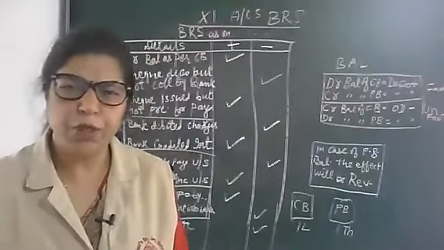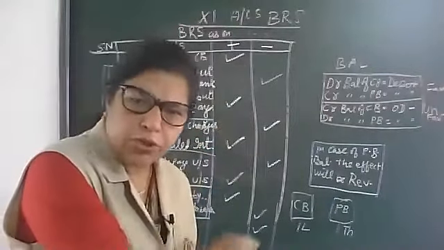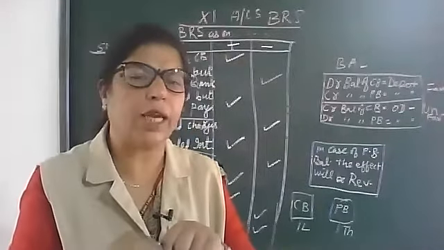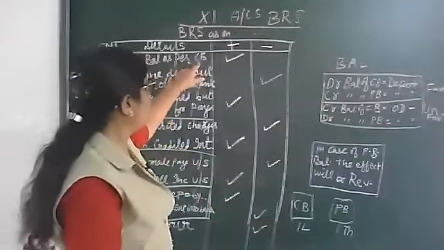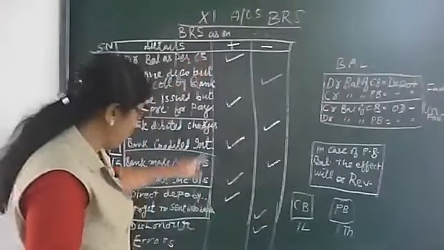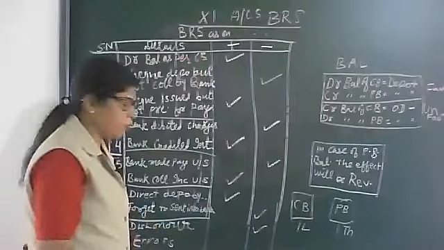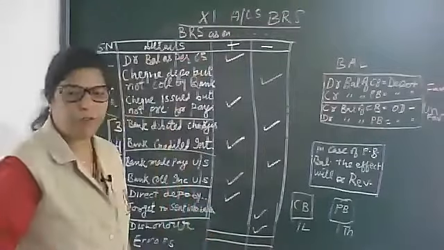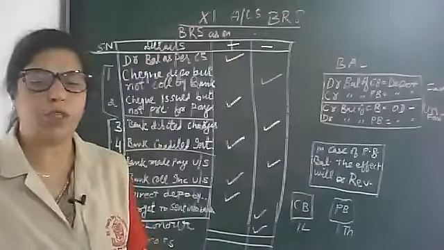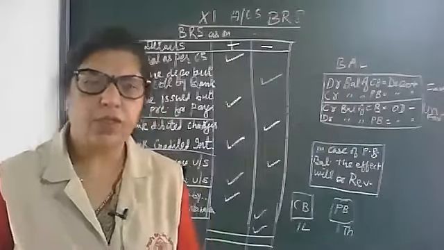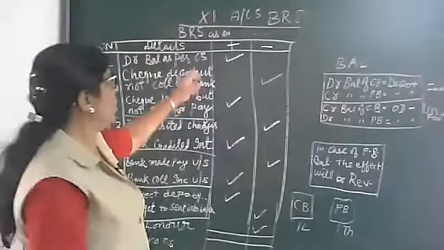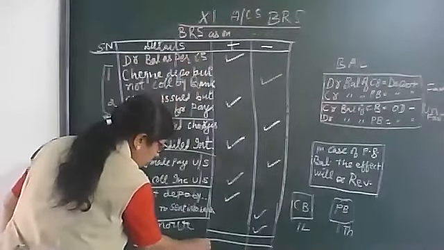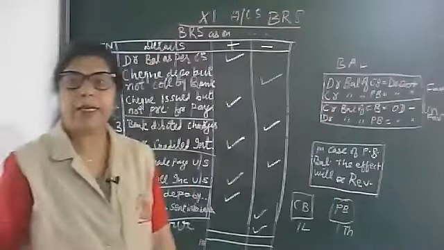I have to prepare BRS, find out these 10 points and match the balance of cash book with the balance of passbook. At the end, you will add and find out the difference. That difference will be treated as balance of passbook, because starting is cash book, so the ending is passbook. Got it? Any doubt?